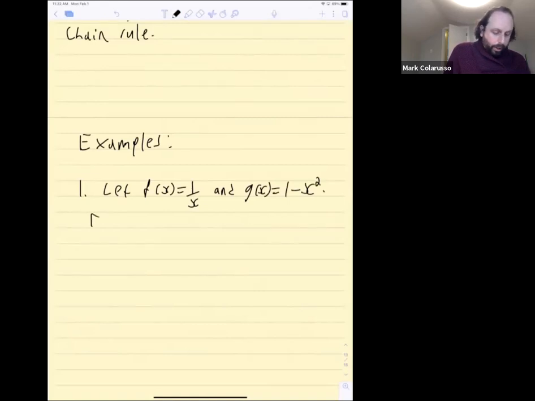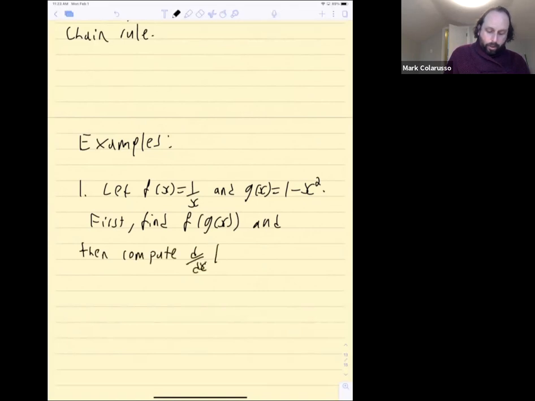So we're going to first find the composition f composed with g at x, and then compute the derivative of the composition using the chain rule above.